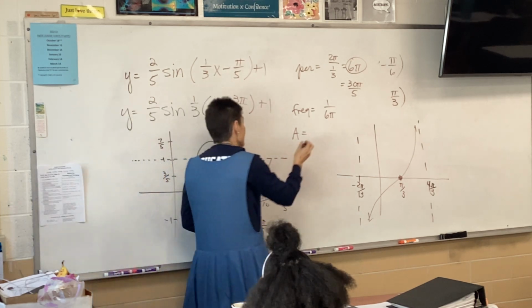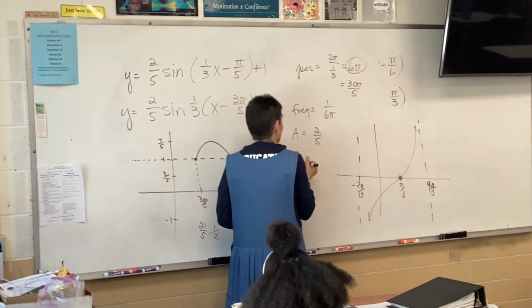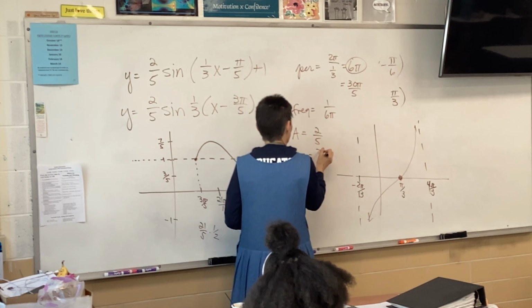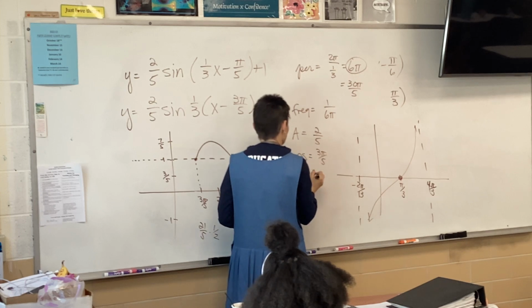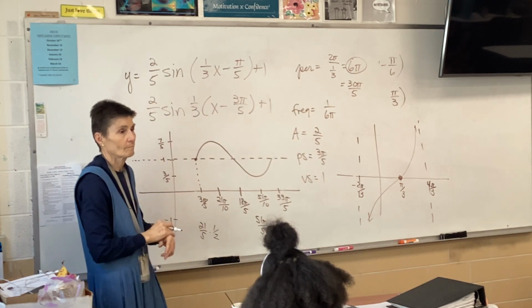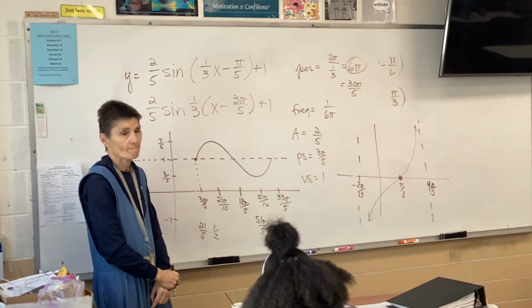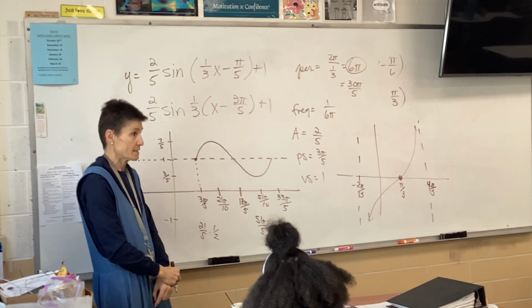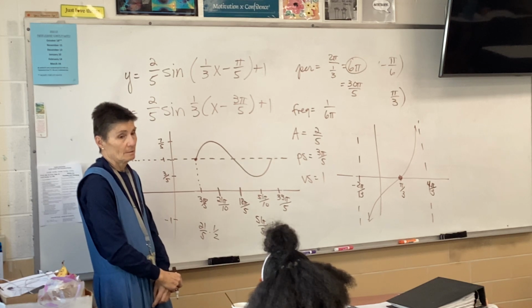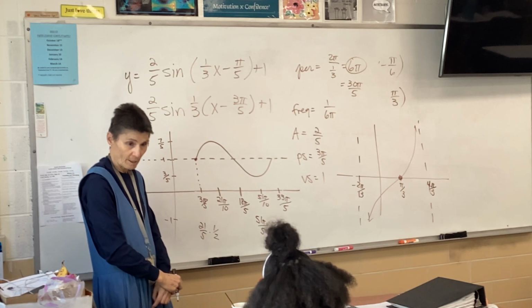So the amplitude's 2/5. Phase shift was 3 pi over 5, and vertical shift was 1. Seriously, that's as bad as it can possibly get. You all right with that?